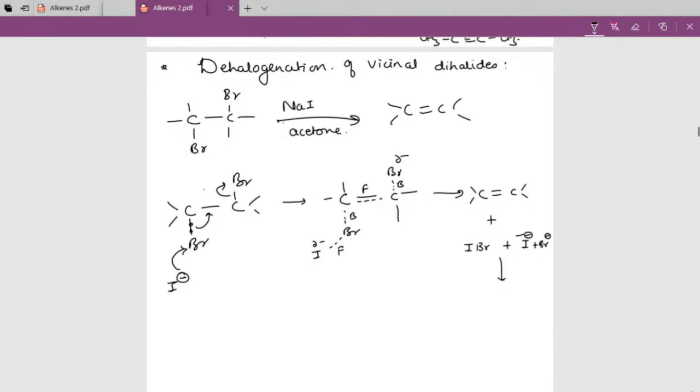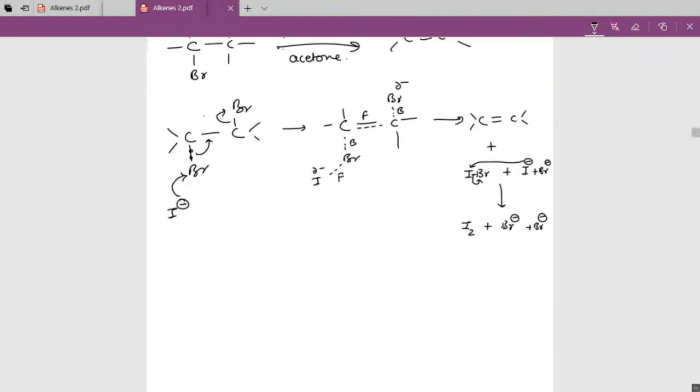Correct? This I- takes away this and forms I2. Br- is liberated. One Br- was already there, one more is liberated, and I2 is formed. Okay, so this is how dehalogenation by the usual methods and NaI in acetone can also be achieved.